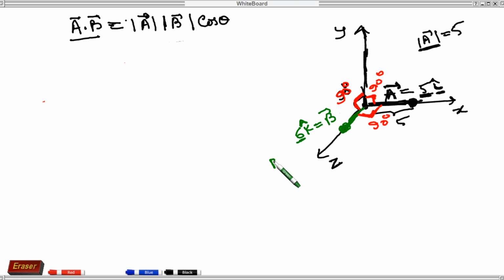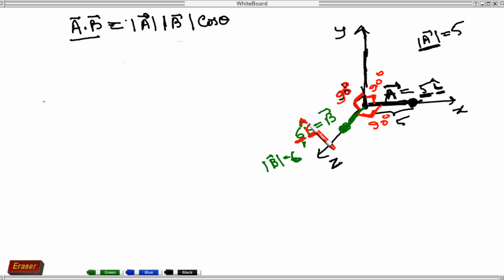The modulus of vector b, the magnitude is 6. And what is this k? It shows the direction of this vector. This is magnitude, this is direction. So this is a unit vector.